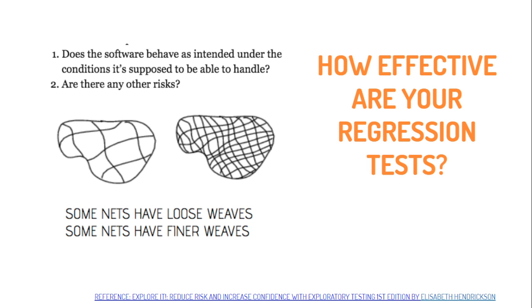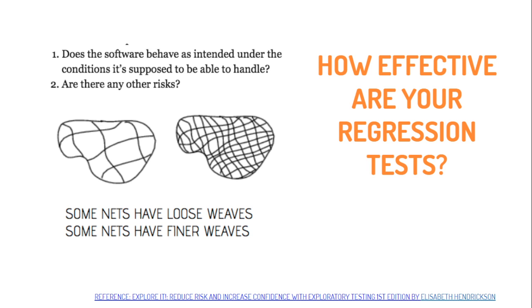Whether your test cases are passing the requirements. You are able to say if the requirements are met or not using the scripted test. But you cannot answer the second question, are there any other risks? That's where exploratory testing comes in.